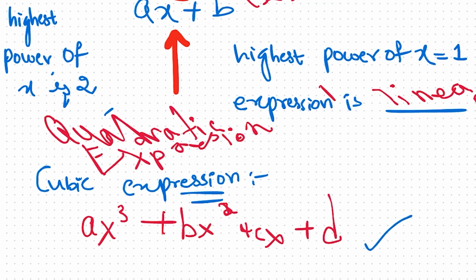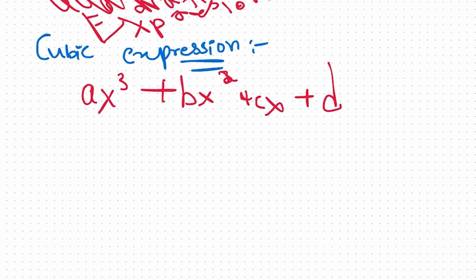Okay. So something into x to the power 3. So in general, these are all polynomial expressions because the number of variables involved is only 1. So this is a cubic. The earlier one was quadratic, linear. So, the polynomial expression in general for nth power.